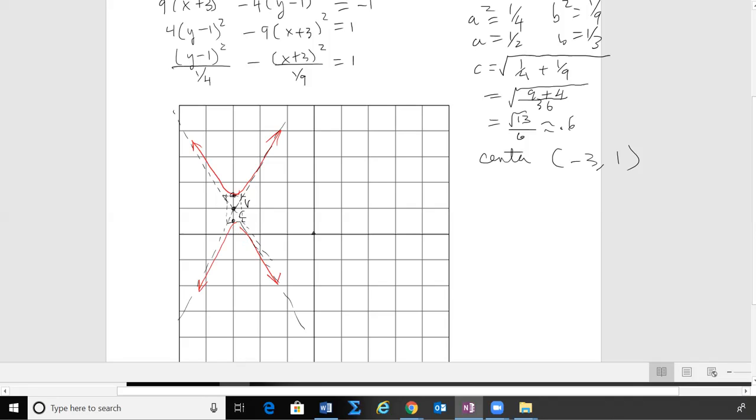And yours, the C value is 0.6, so your foci would have to be that negative 3, and then you'd have that 1 plus or minus the 0.6 approximately. So you'd have one of them.